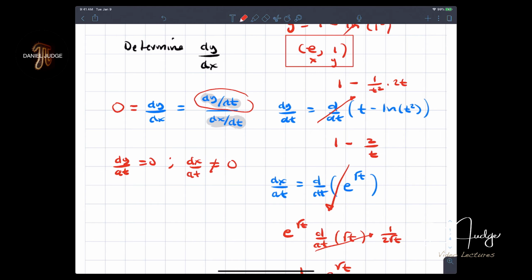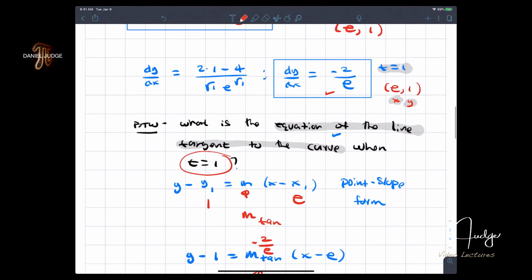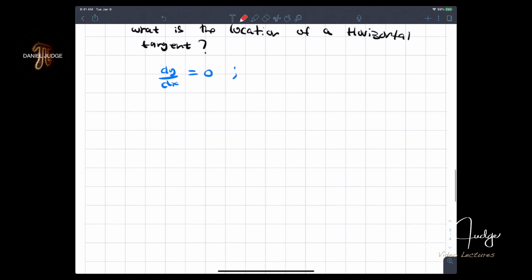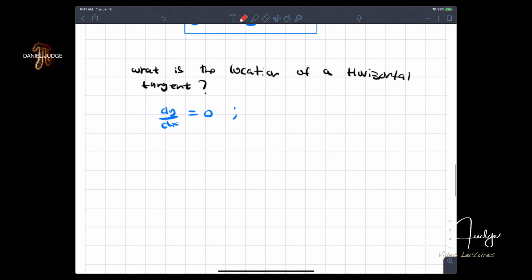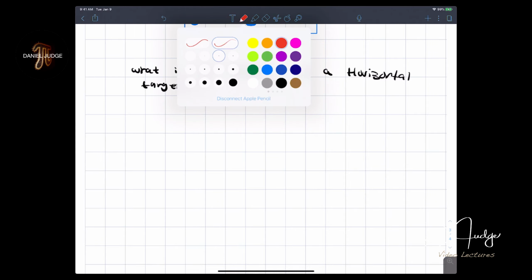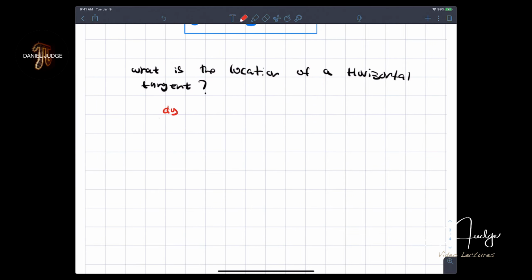Remember, we don't divide by 0. So horizontal tangents happen when dy/dt equals 0. I'm going to write that down here: horizontal tangent, HT.